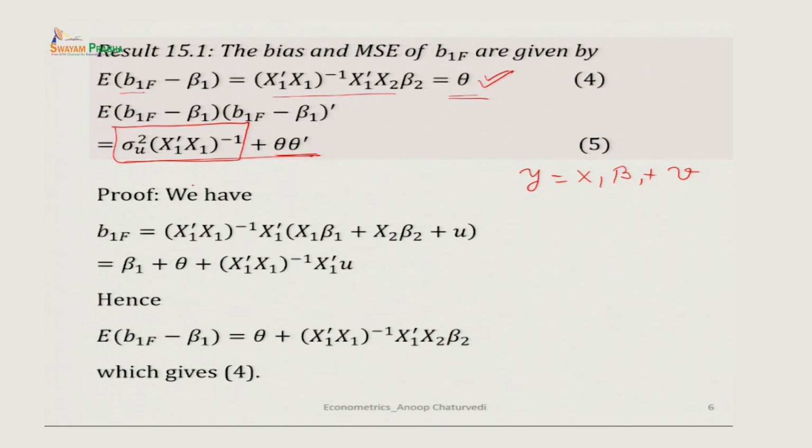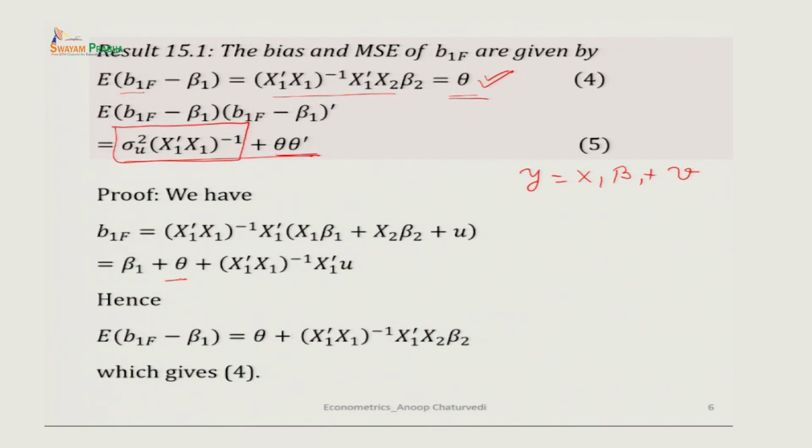To prove this result, we write b 1F equal to X 1 transpose X 1 inverse X 1 transpose. Then we write y equal to X 1 beta 1 plus X 2 beta 2 plus u. Then the first term becomes X 1 transpose X 1 inverse X 1 transpose X 1, which is identity matrix. So, you get beta 1 here plus X 1 transpose X 1 inverse X 1 transpose X 2 beta 2, which we are denoting by theta.